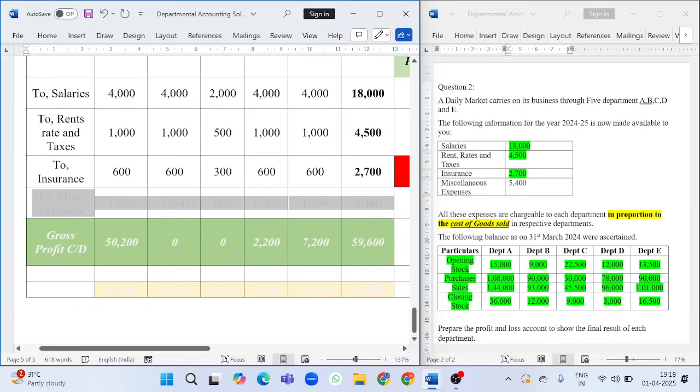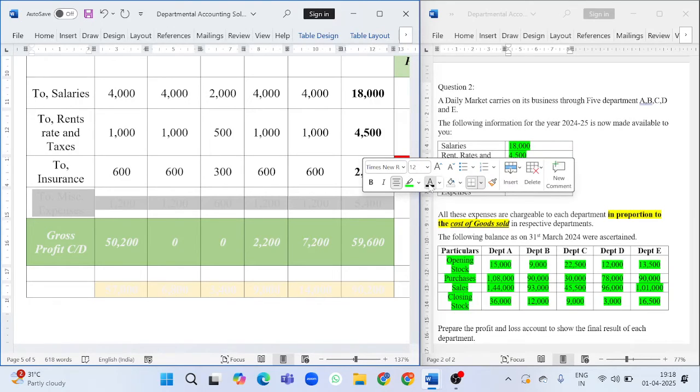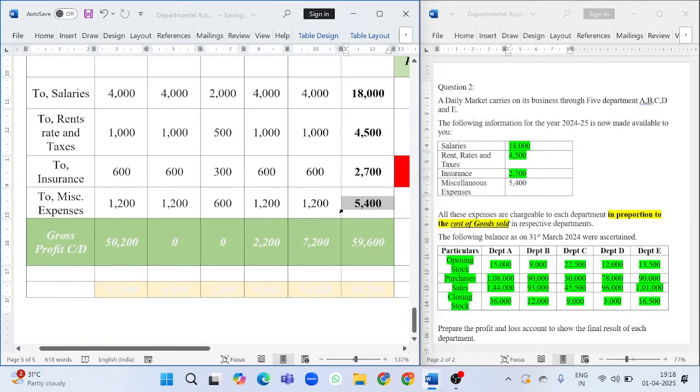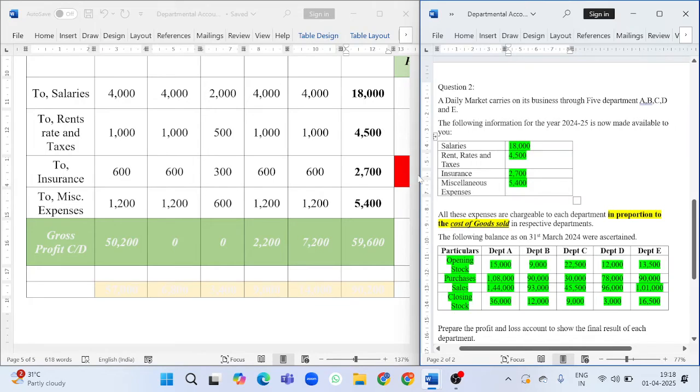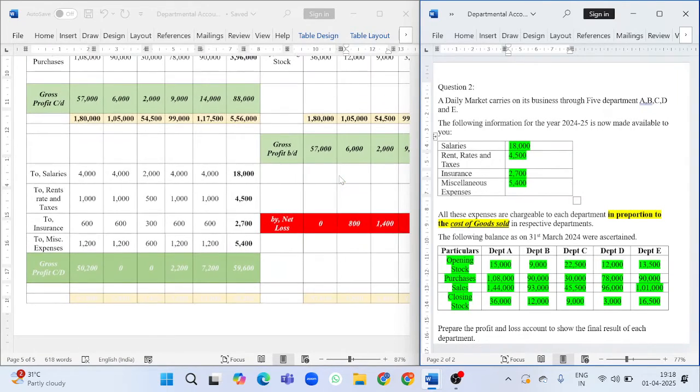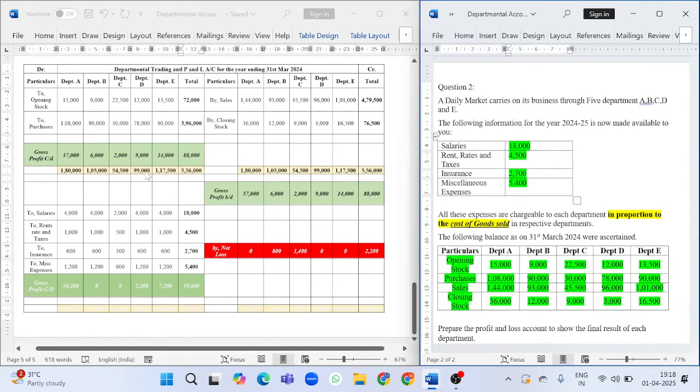Same thing, I am going to write it over here. So for departments A, B, D and E it is 1,200 each, and for department C it is 600. The total, again if you check, it is getting tallied with our question. Clear? Now let us do the totaling.